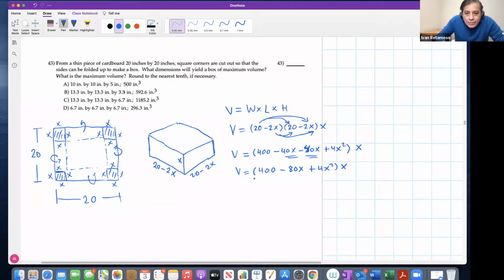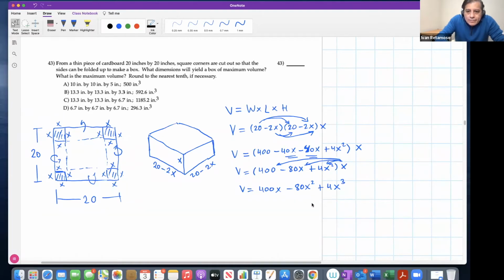Multiplying x over, you're going to get V equal 400x minus 80x squared plus 4x cubed. You follow, guys? Yeah, very good. Great. So now this is a cubic function.